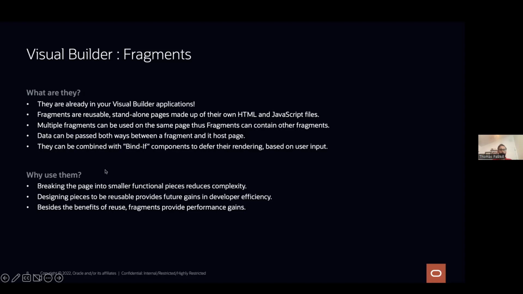So why use them, on top of everything I just said? Breaking the page into smaller functional pieces really reduces complexity, and it reduces complexity in a number of ways. The first one is it allows new developers to come in and understand the code a lot more quickly, because you've got more of a microservice, cloud native, service-based approach going on where you're breaking everything down into its smallest functional piece.